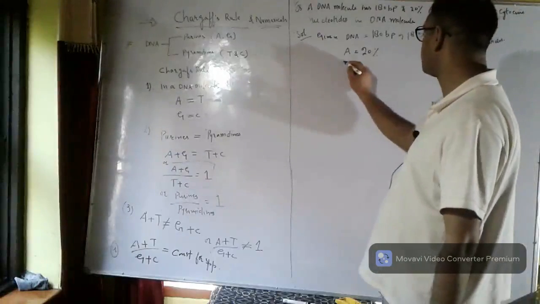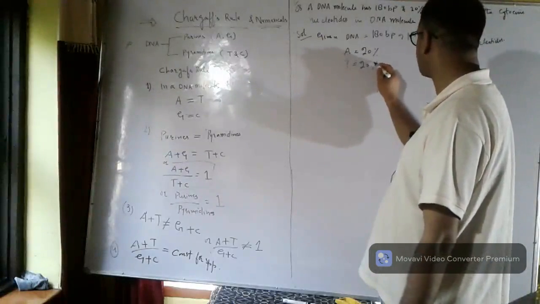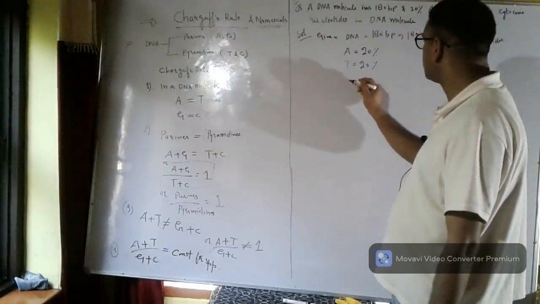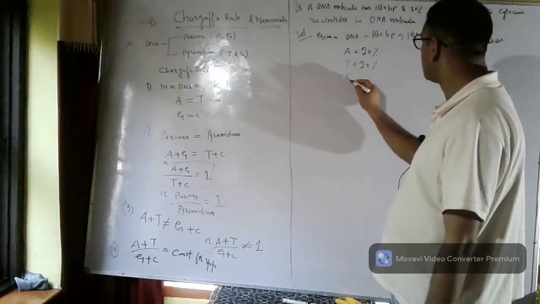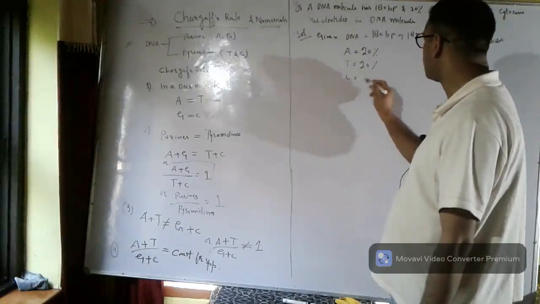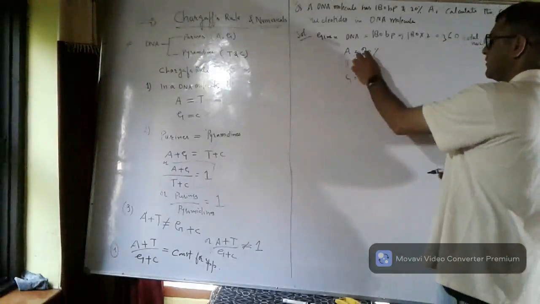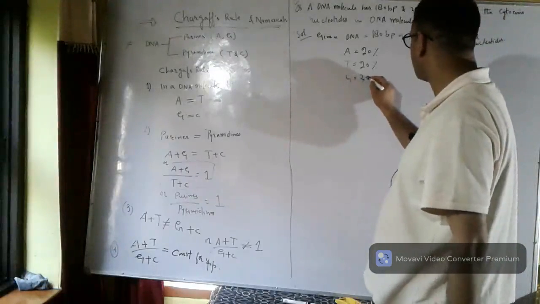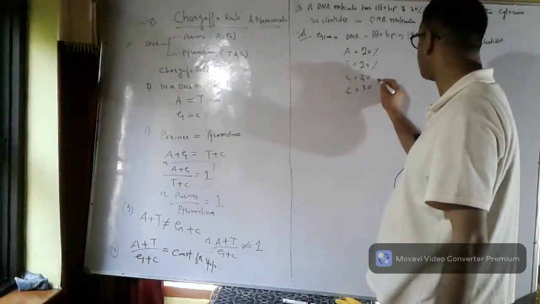Therefore, thymine is equal to 20%. How much would be the guanine? We have to calculate from the 100%.